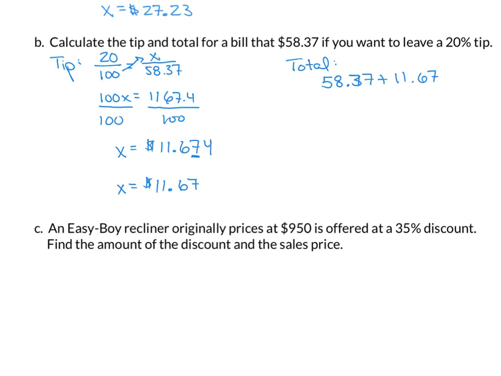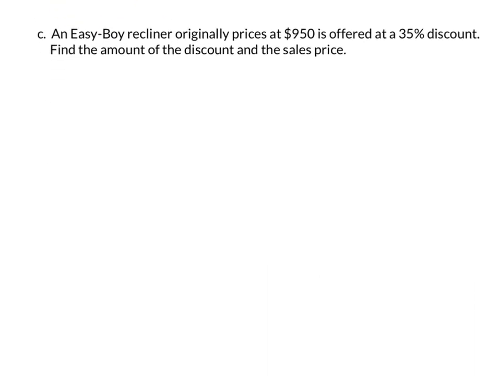And if we add this, we get $70.04. Okay, so that's tip and sales tax. Let's look at a problem that's a little bit different. Let's talk about discounts. Let's go out and save some money.